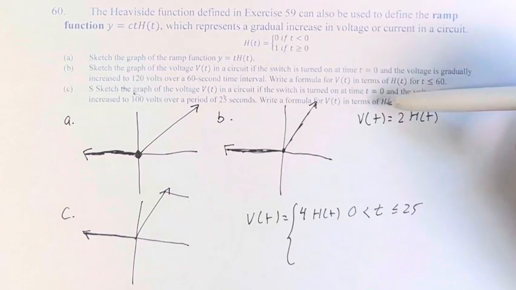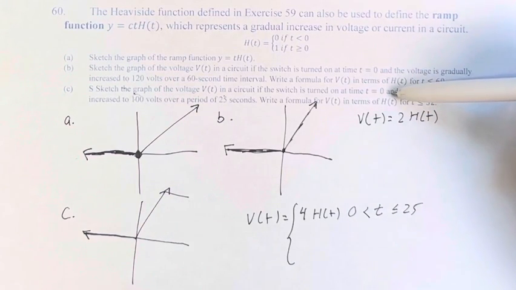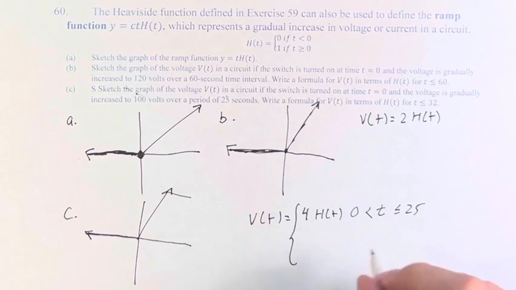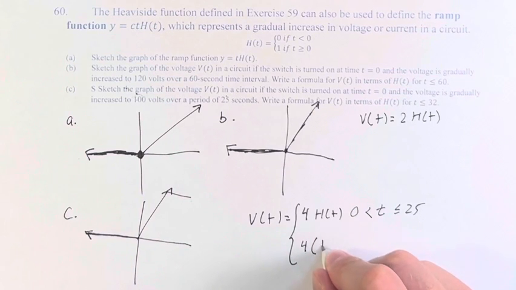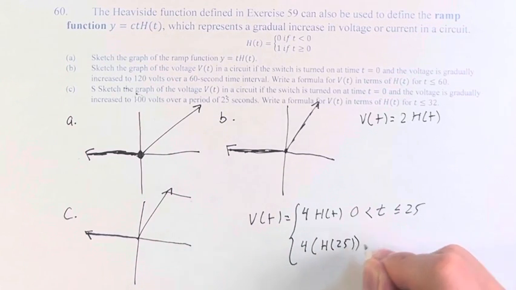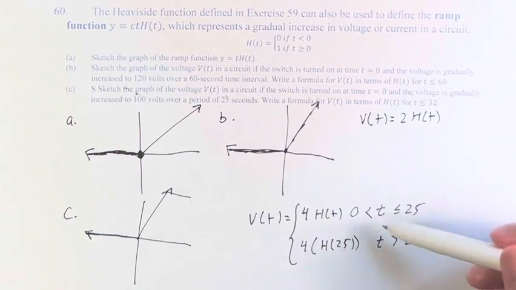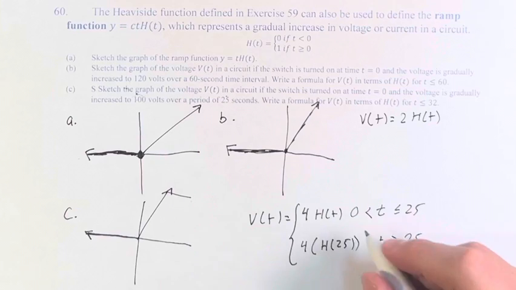So how do we do this in terms of h of t? Well, we can say that this is equal to just 100 straight up. Or it's equal to 4 times h of 25 for t is greater than 25. And up to 32, but we don't have to write that since it's given in the problem, but might as well.